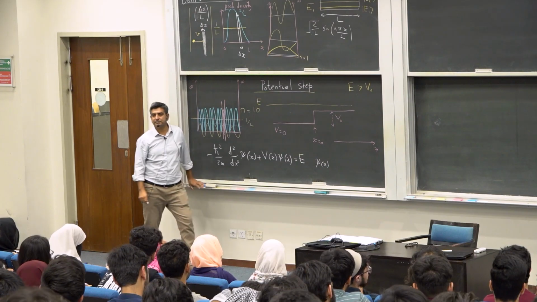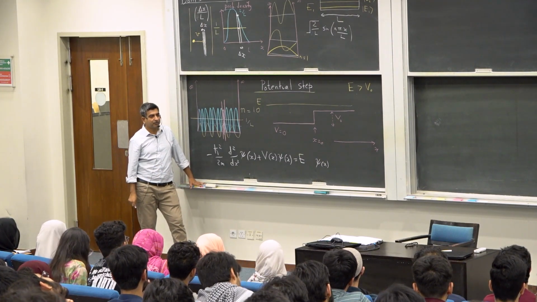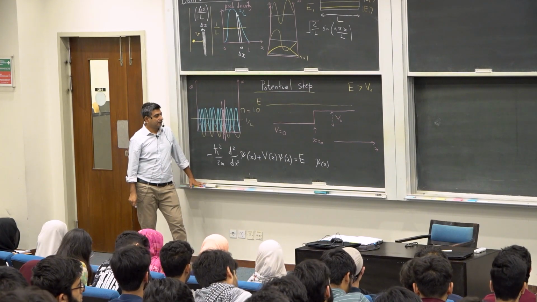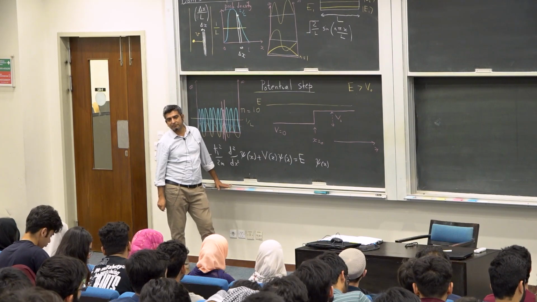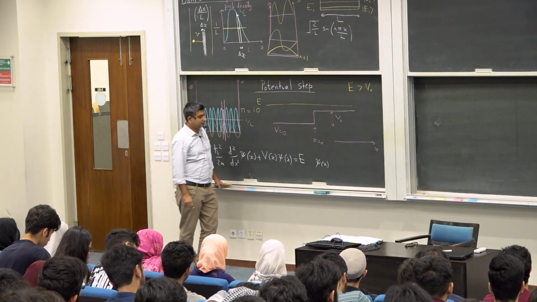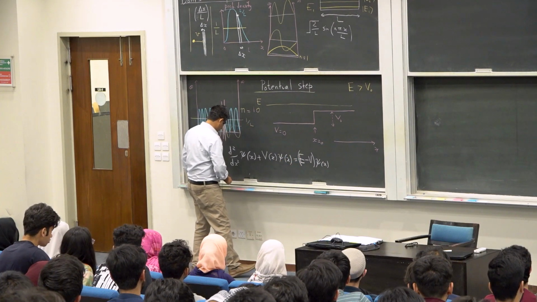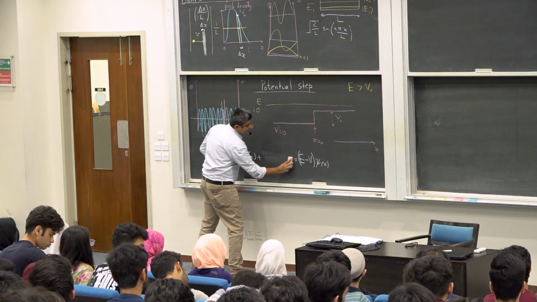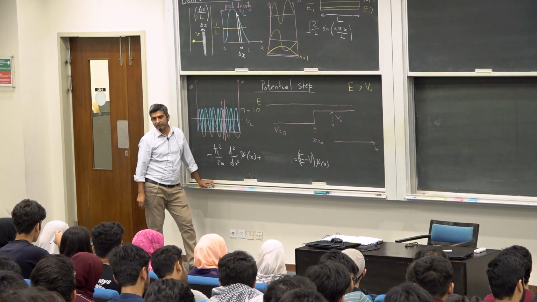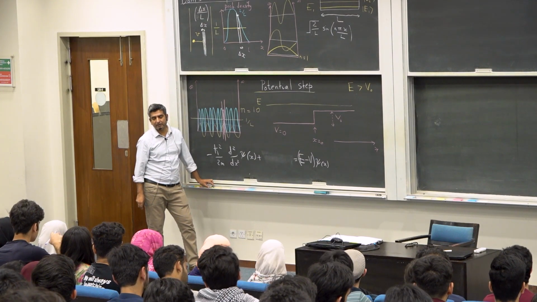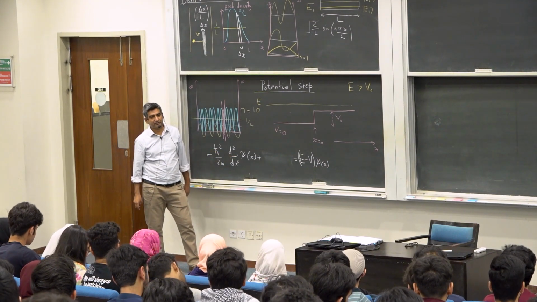Correct? And I can take this potential energy to the other side of the equation. This is also correct. So this is the time independent Schrodinger equation.